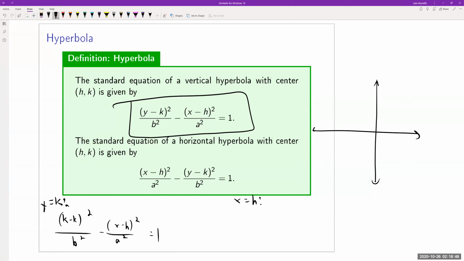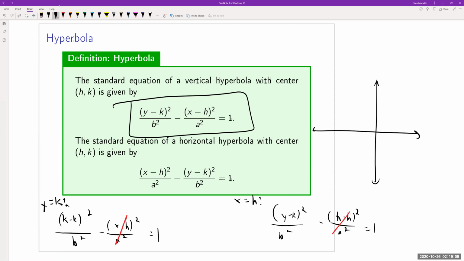And over here, I'll get something similar: (y minus k) squared over b squared minus (h minus h) squared over a squared equals 1. In both cases, the extra piece drops out.